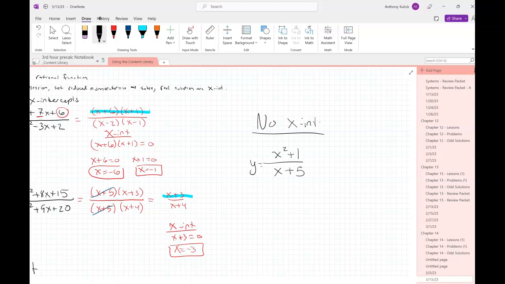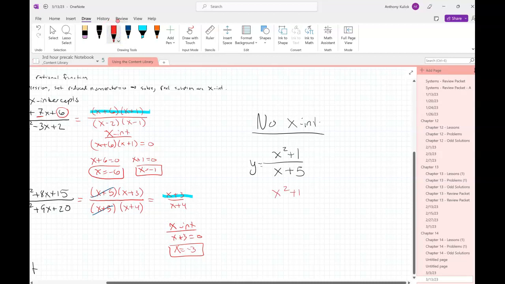So let's say we have something like this. x squared plus 1 over x plus 5, not factorable, it's already prime. So you just take the numerator, set it equal to 0, but I get plus or minus i when I do that, right? That has no real solution to it, so there's no x-intercept.